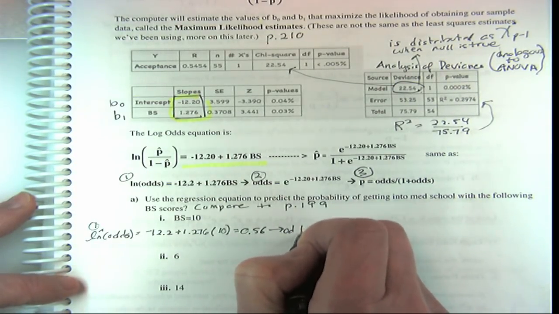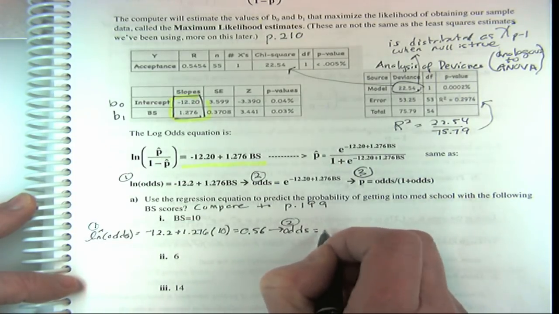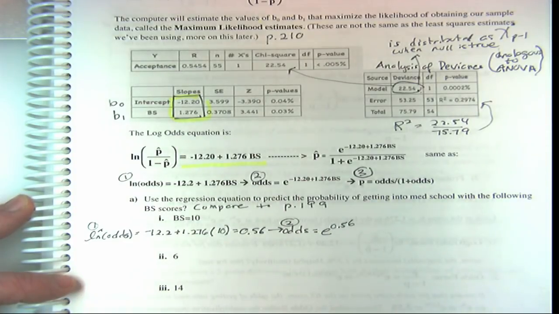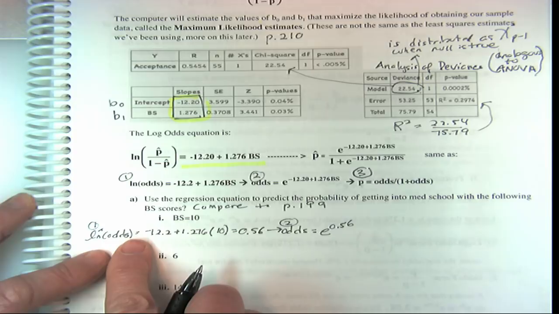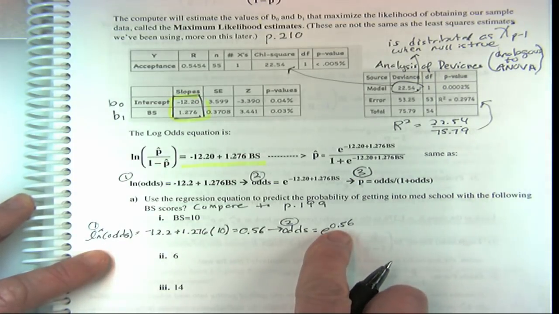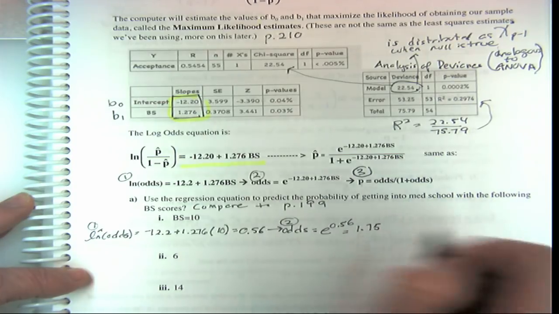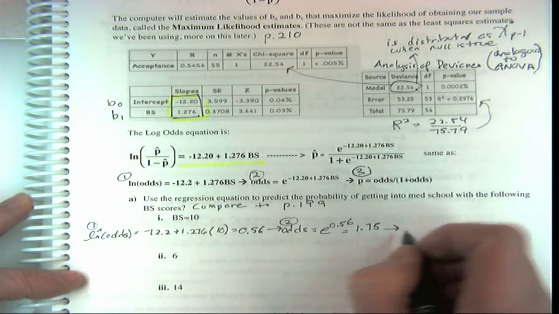So now we want our predicted odds. That's step 2, which is e to the 0.56, just following along. And this is our log odds, and we're just anti-logging. And I got 1.75.